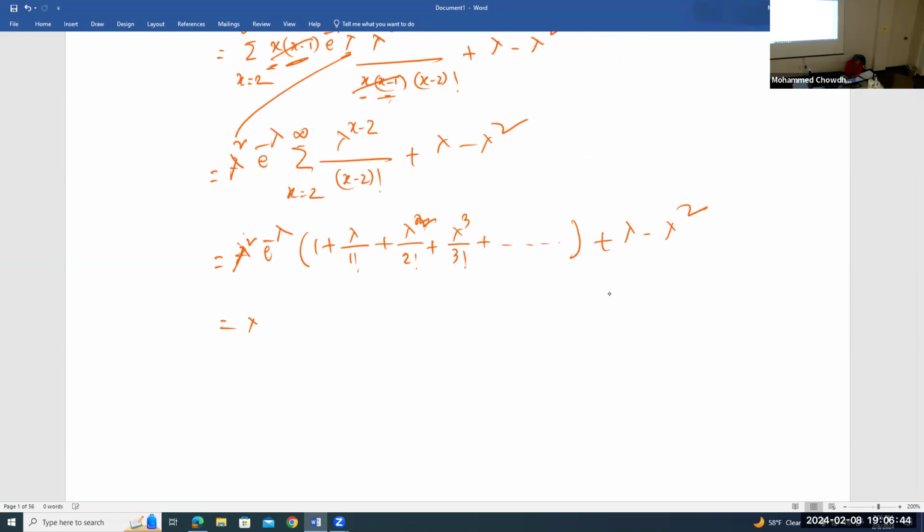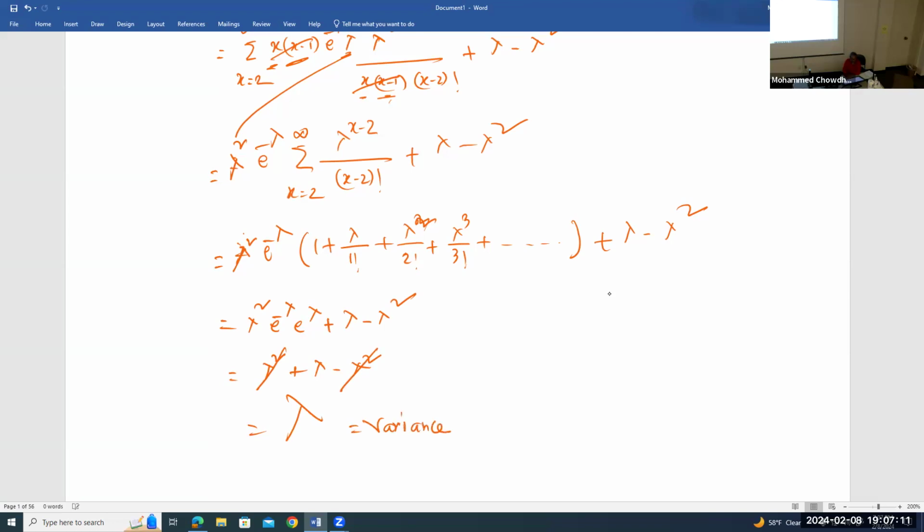So now we have lambda square, e to the power minus lambda, and then e to the power plus lambda minus lambda square. So these two cancelled out. So we have lambda square plus lambda minus lambda square. These cancel, we have lambda, which is equal to variance, right?